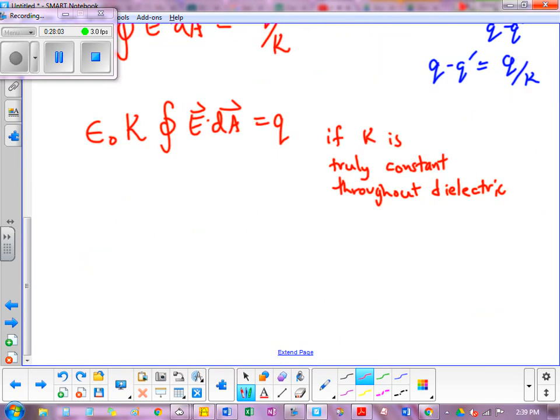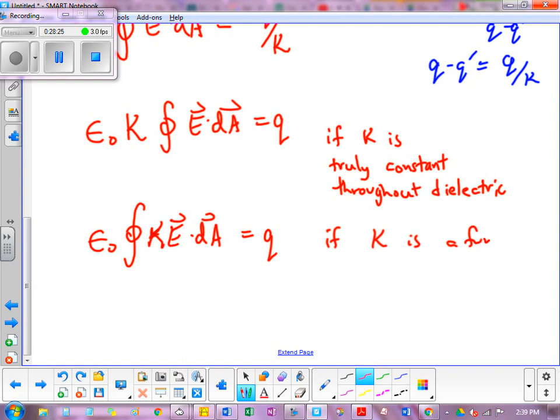However, if you want to bring the kappa into the integral, that's even wiser. And this is nice in case your kappa is a function. Sometimes your kappa is non-constant.